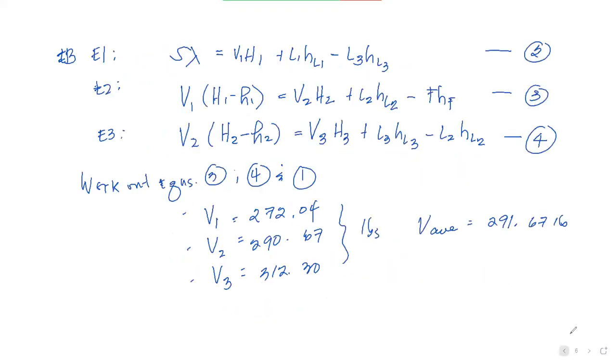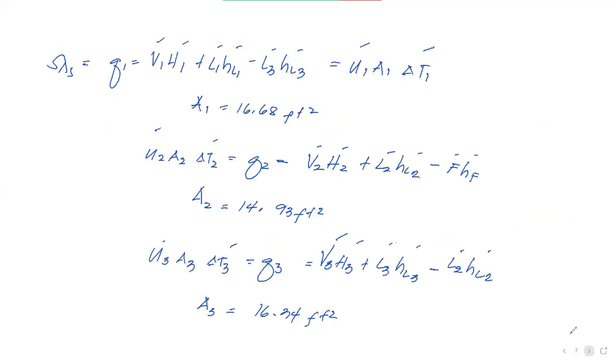Just like checking whether these individual values of area are acceptable, if our evaporators are identical, you get the A mean. Sorry, you may take a screenshot of this. So you will get the A mean, that would be A1 plus A2 plus A3 divided by 3.